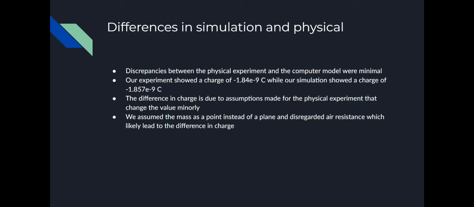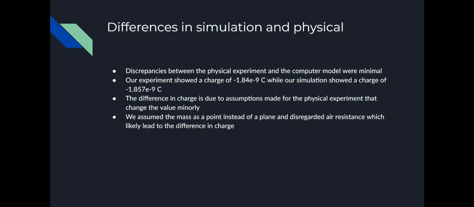So we did have a little bit of difference between the simulation and the physical experiment. In the experiment, we calculated negative 1.84 times 10 to the negative ninth coulombs.